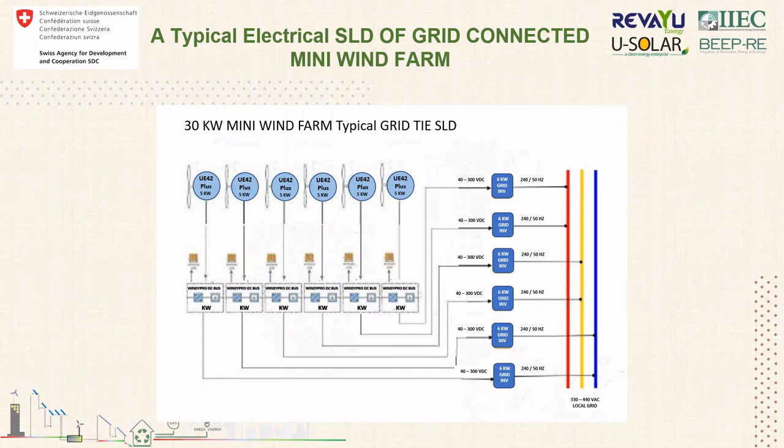But yes, we are in the process of making our own inverters. Up till now, hybrid inverters mean those kinds of inverters which can feed to both the grid as well as batteries, grid tied as well as feeding the batteries.